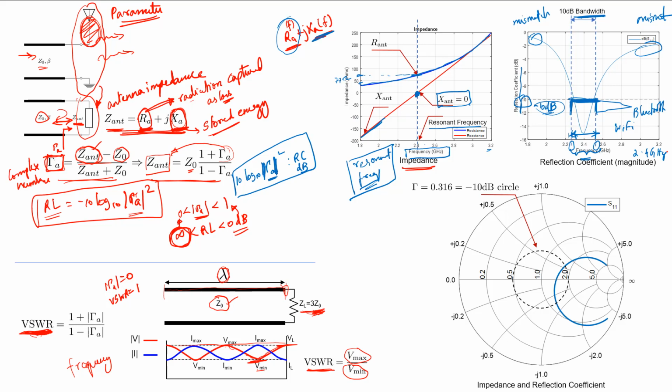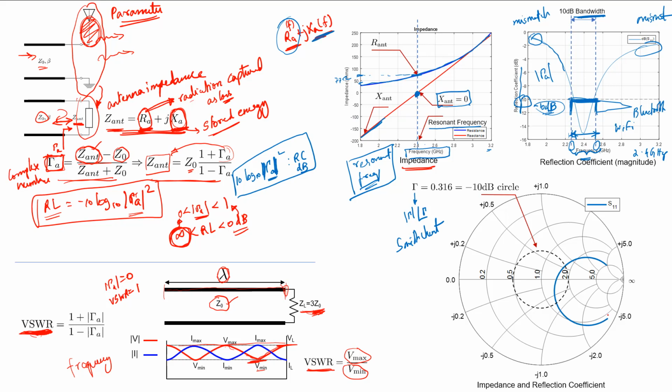So like what we saw in the Smith chart videos, this reflection coefficient only captures the magnitude of gamma A. If we want to see both the magnitude and the phase of gamma, then the best way to view it is through the Smith chart, meaning we are plotting the gamma in the complex plane.